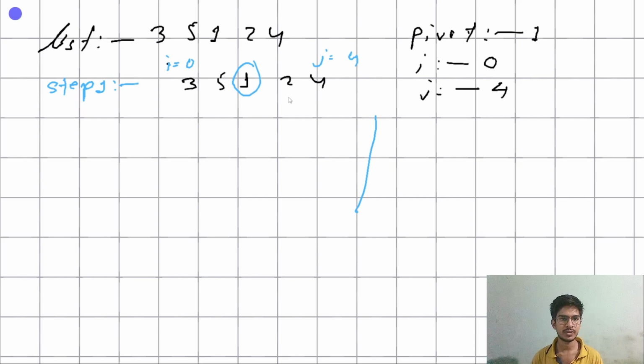So we decrement it: 3, 5, 1, 2, and 4, and j is decremented to 3 and i equals 0. Okay, so here we see j equals 3.